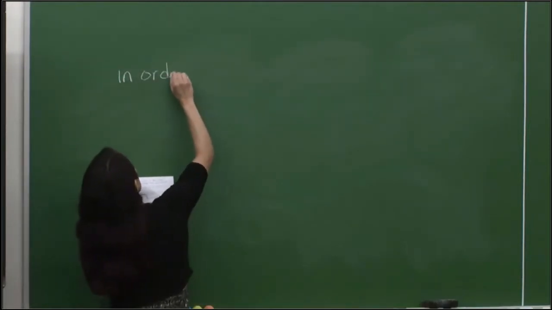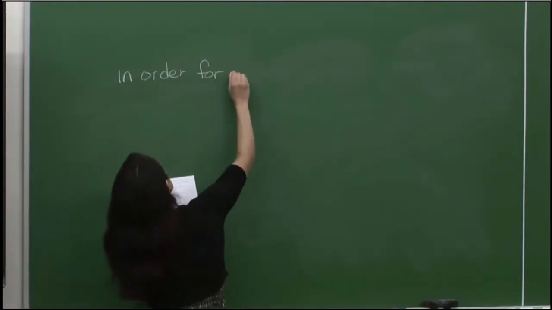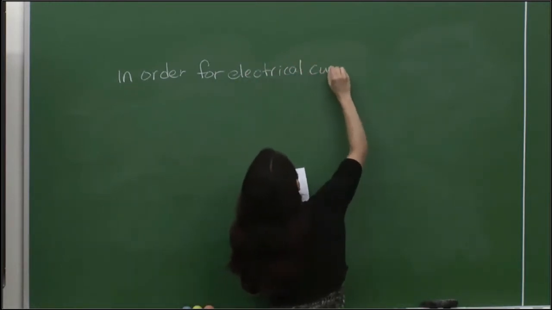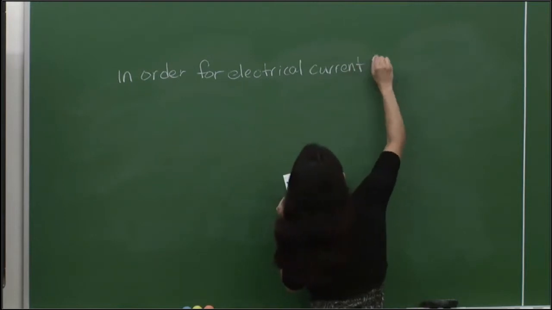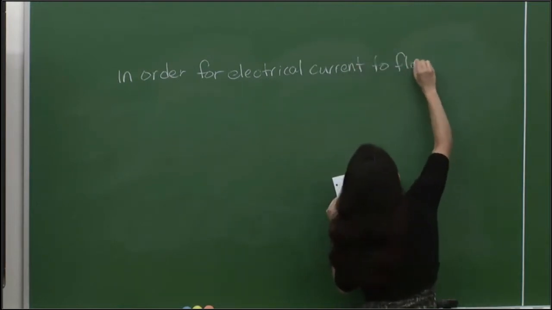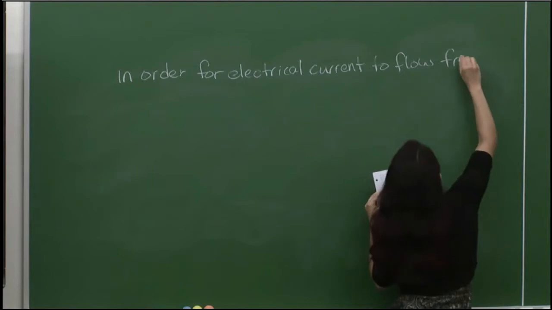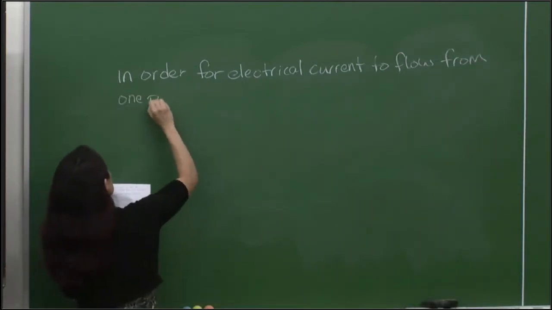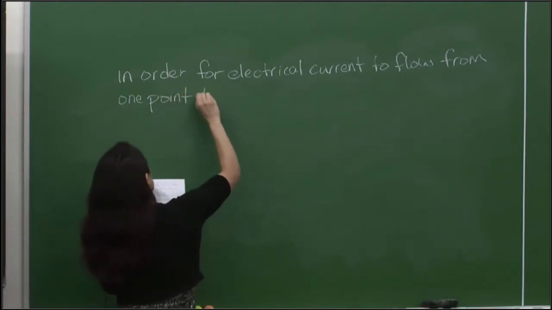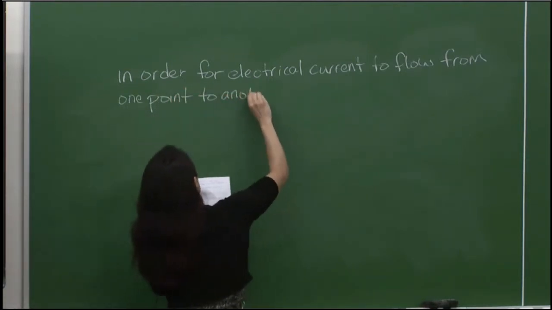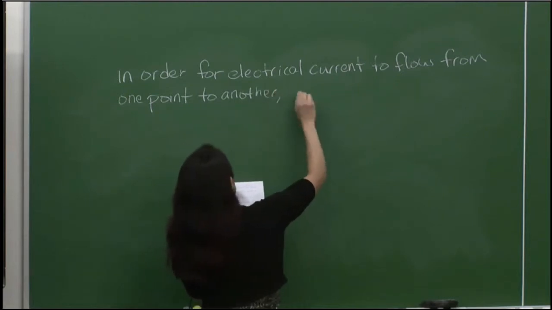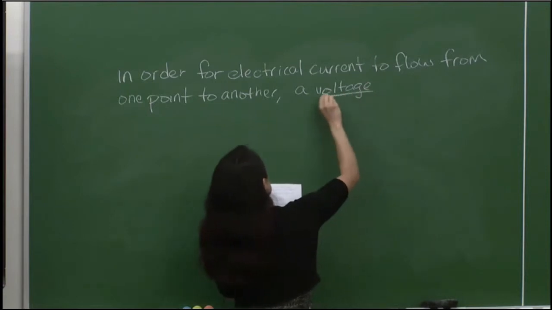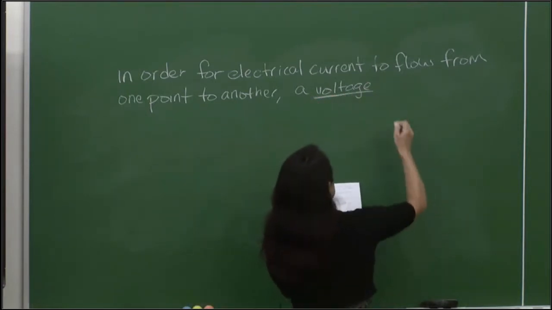In order for electrical current to flow from one point to another, a voltage must exist between the 2 points.